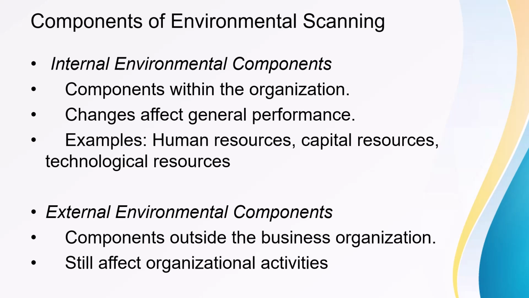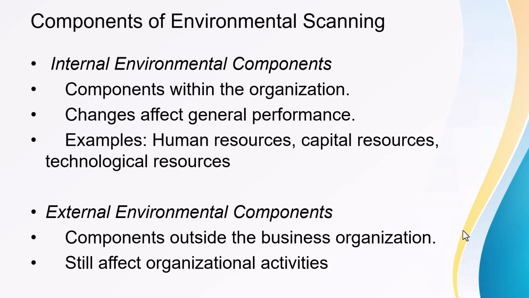The next component is the external component. These lie outside the business but still have a major impact, and we divide it into two: the micro environment and the macro environment. As we have studied in the previous video, the micro environment includes competitors, customers, suppliers, intermediaries and other market players, whereas the macro environment involves political, legal, economic, cultural, demographic and technological trends.